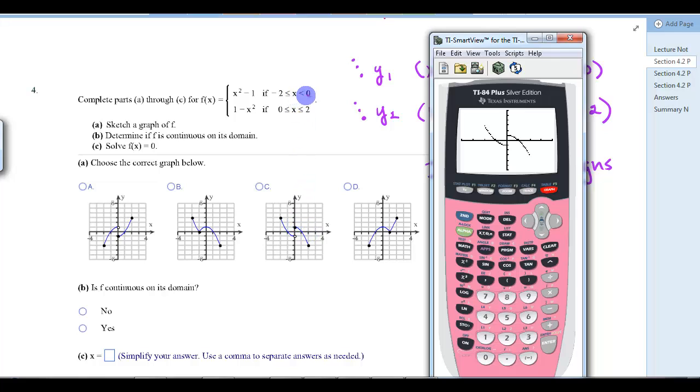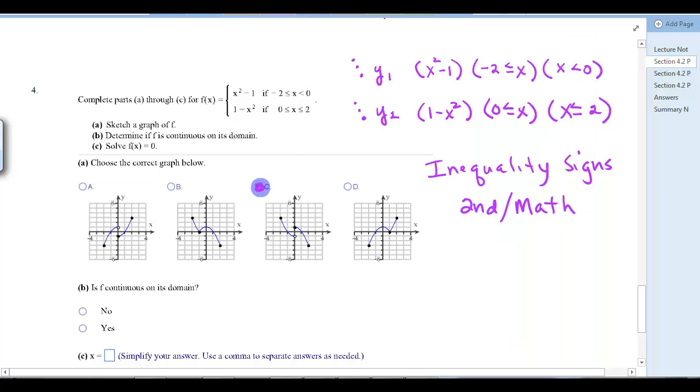If x is between 0 and negative 2, that's this piece, it's going to have the open circle. So if you were having to sketch this yourself, you would have to take note of that. But this is the one that matches. All right. Is this continuous? Look, it breaks at x equals 0. So it is not continuous.